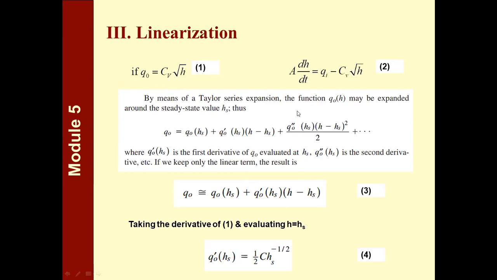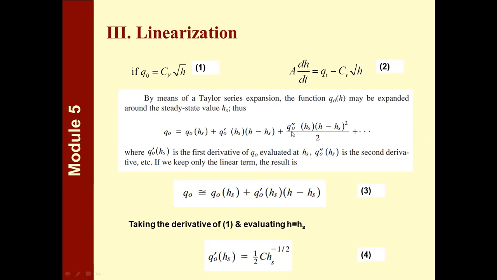This is the second derivative of Q sub O evaluated at H sub S. Now we multiply it by the deviation variable H minus HS raised to 2, and this is 2 factorial. You're going to include here the rest of the terms because this is an infinite series of terms.